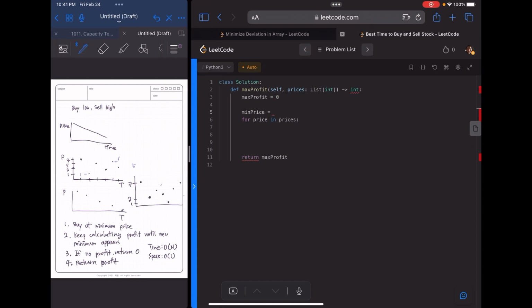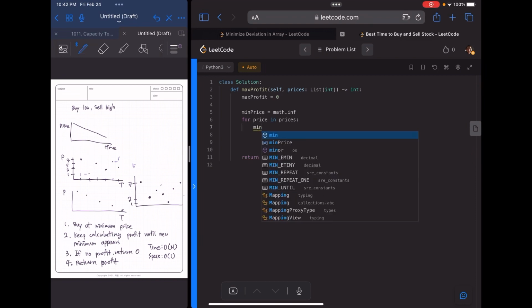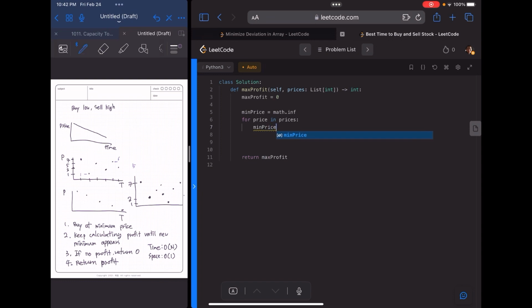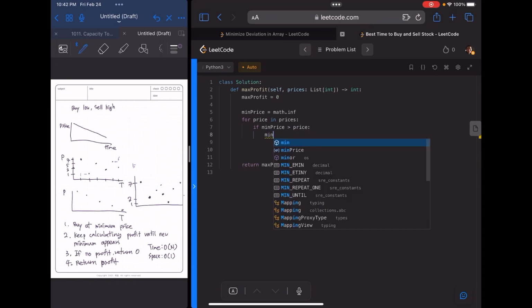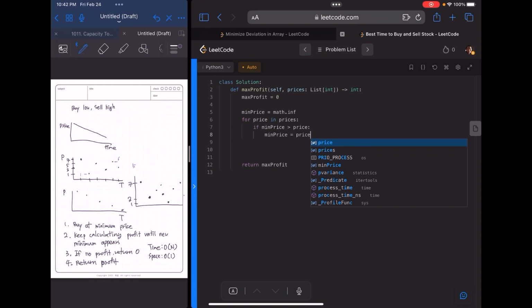It's going to be infinity. Then we need to check if min price is greater than the current price, then the min price becomes the current price.